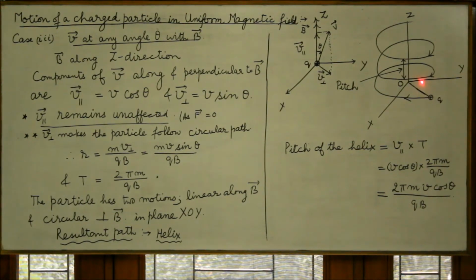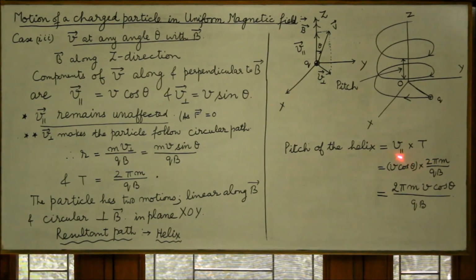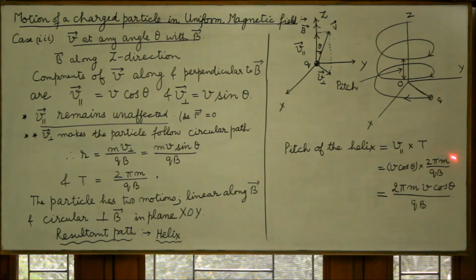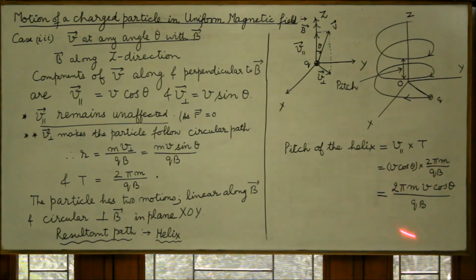The vertical distance covered by the particle in one period is called the pitch of the helix, V parallel into T. V parallel is V cos theta into 2 pi m over qB. So overall pitch of the helix is 2 pi m V cos theta over qB.